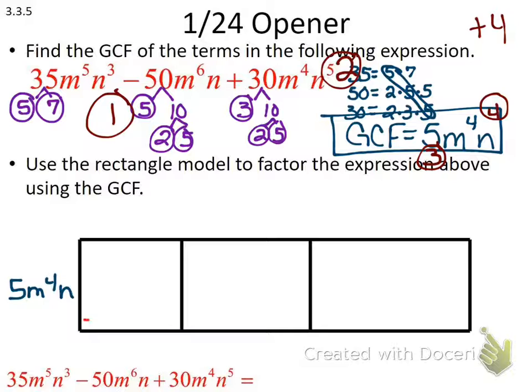So what's the area of my first rectangle? 35 m to the 5th, and then n to the 3rd. Okay. My second area? Negative 50 m to the 6th, and then n. And then 30 m to the 4th and n to the 5th. Do you all agree?